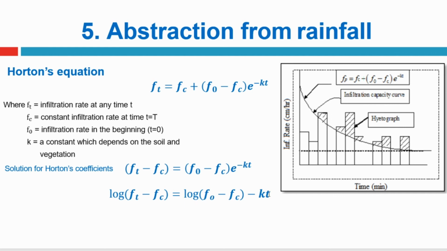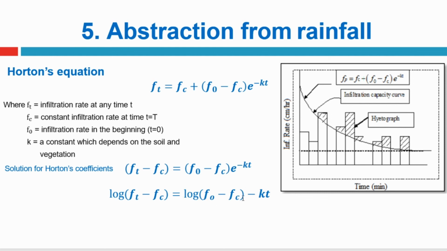Now quickly see whether it is a linear curve or not. How to see it as a linear curve? This is y, the change that is going to happen because of t. Log of (ft minus fc) should be calculated for a particular time. t is your variation: as t changes, log of (ft minus fc) will change. Here in log of (f0 minus fc), f0 is the constant initial rate of infiltration, and fc is also the constant rate of infiltration.